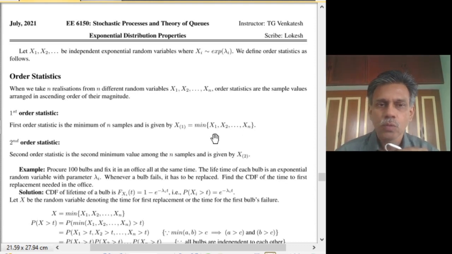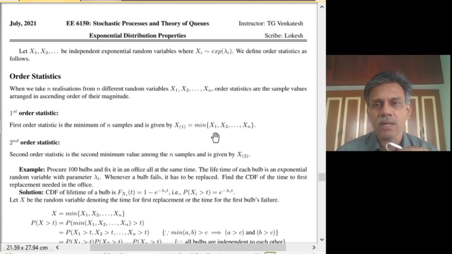So if you arrange the realizations of the n random variables in increasing order, then the minimum is called the first order statistic, and the maximum is called the nth order statistic, and the ones in between are denoted respectively by their position in the ordering.